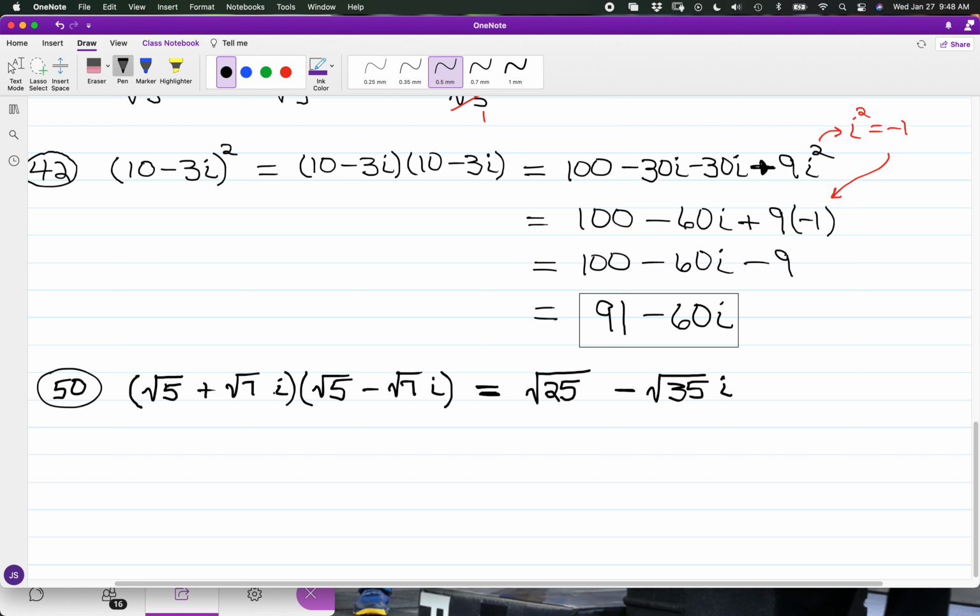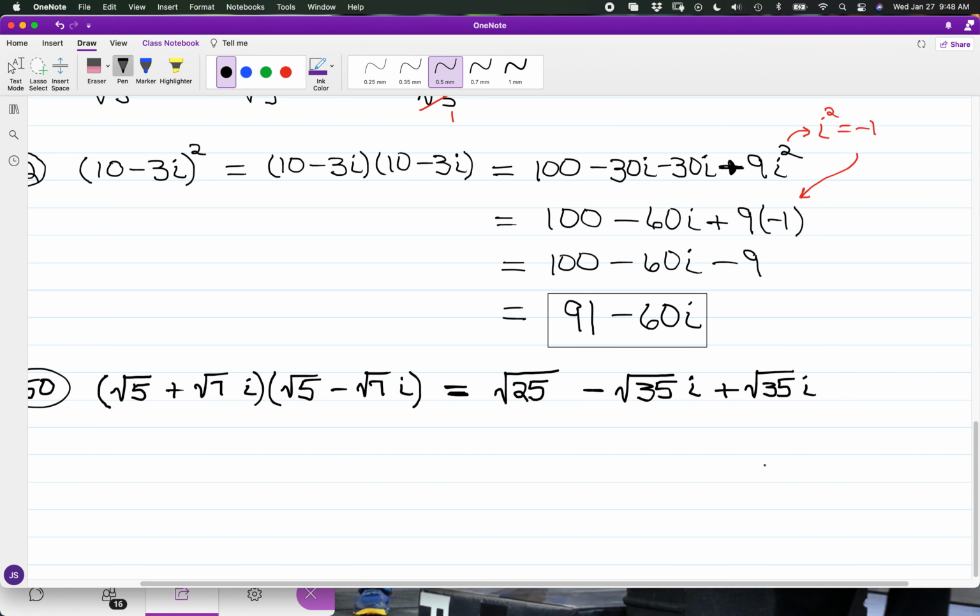The inside product, the square root of 7 times i times the square root of 5, will be positive square root of 35 times i. And the last product, positive times negative is a negative, and we have the square root of 49 i squared.